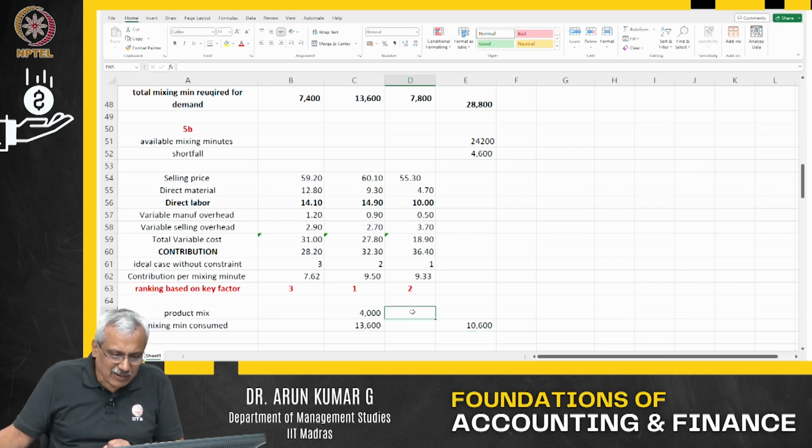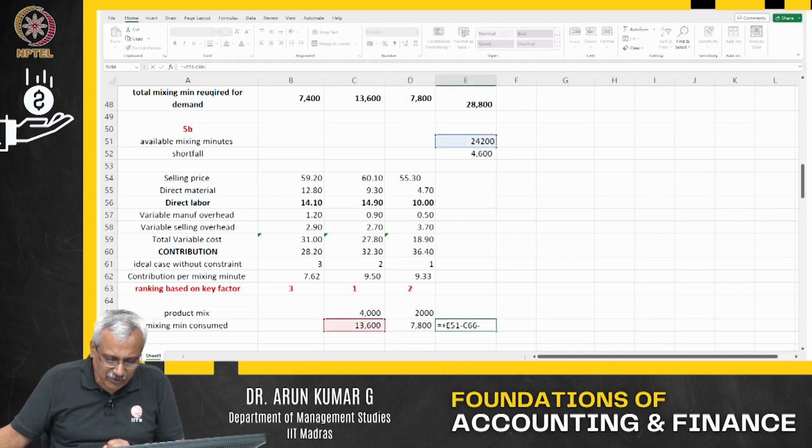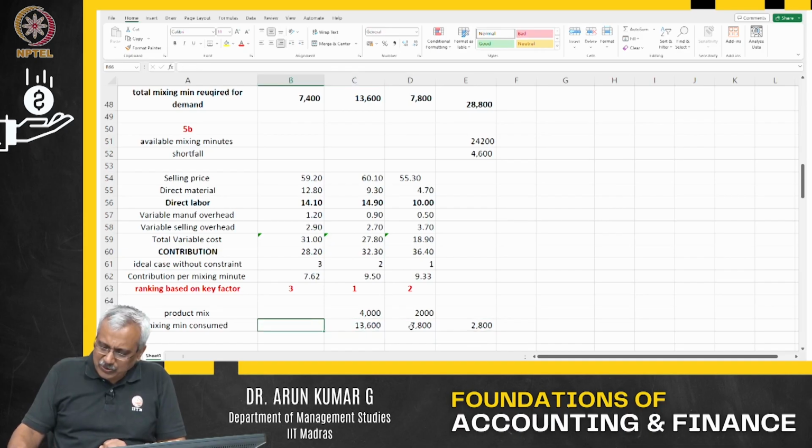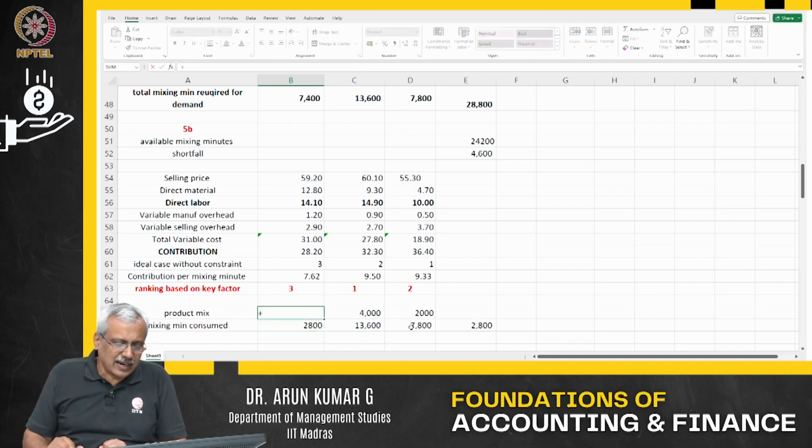Now I will also go for a maximum of 2,000 units of this, and the mixing minutes I will be consuming for this is about 7,800. So what are the mixing minutes available after consuming this? All 2,800 mixing minutes are going to be available. What am I going to do? I am going to use these 2,800 mixing minutes for manufacturing product A in this particular case.